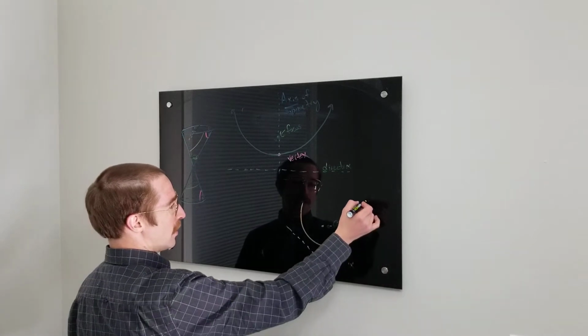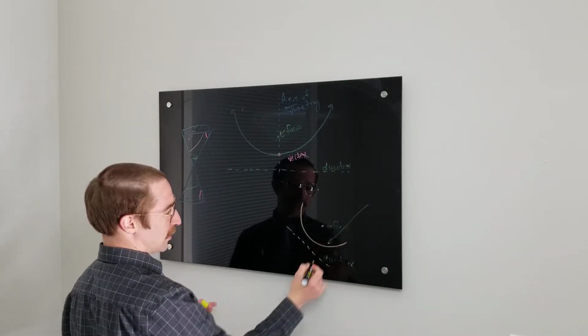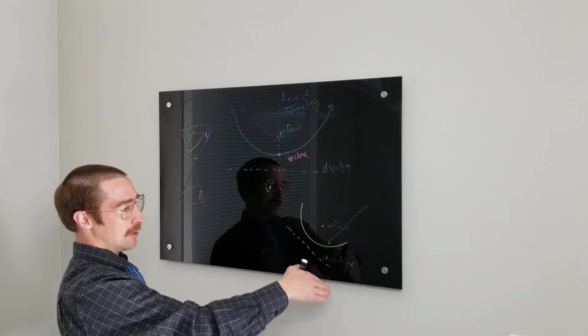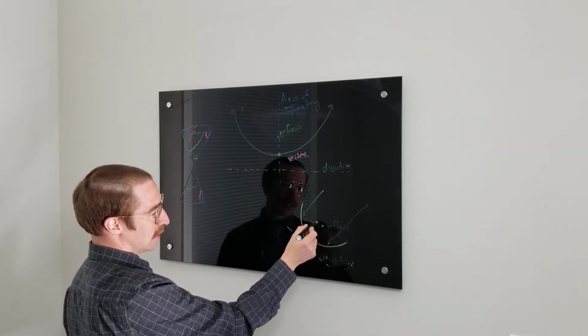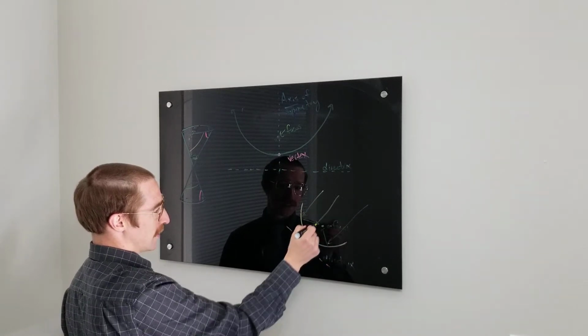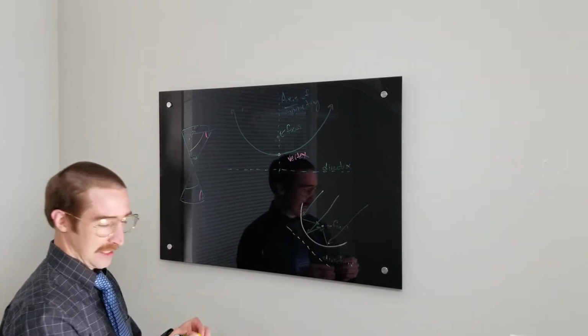If you have vectors that are shooting in perpendicular to the directrix, they will all reflect toward the focus perfectly.